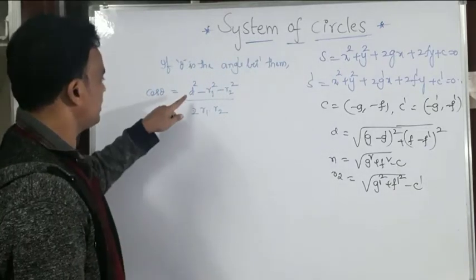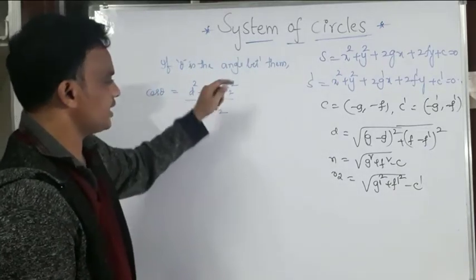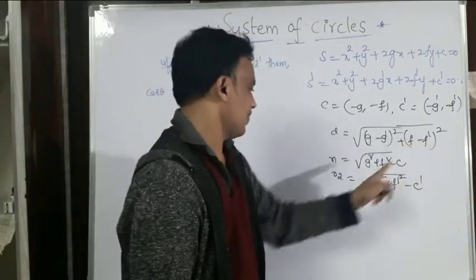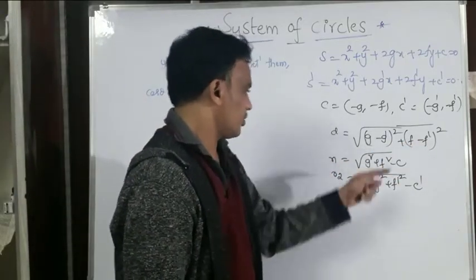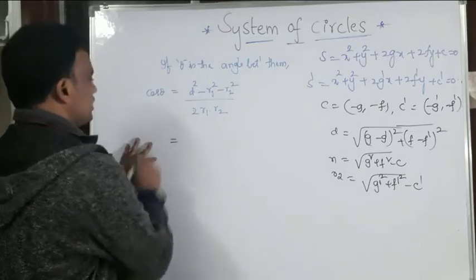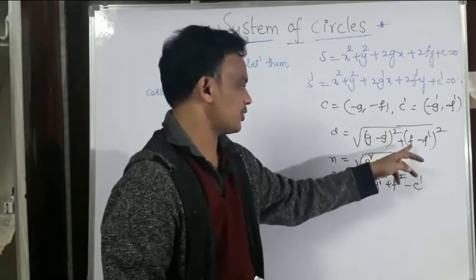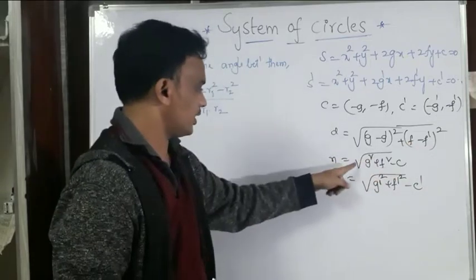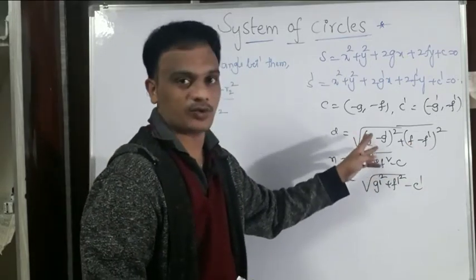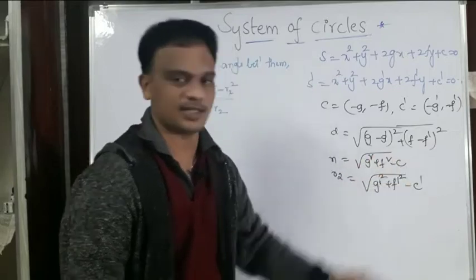Now what will happen? D square minus R1 square minus R2 square: simplifying this, the g square and g dash square terms all get cancelled.